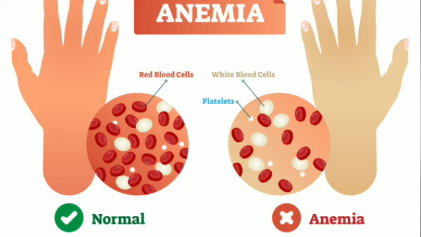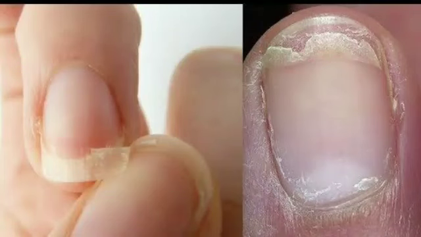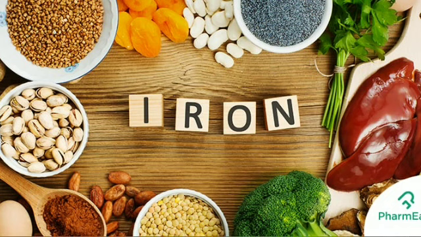The main symptoms of iron deficiency disease are the person looks pale, feels very weak, tires easily, and loses weight. His nails also turn white. Understand? So, in order to get rid of this disease, we should take food rich in iron like spinach and other green leafy vegetables. Okay, children?